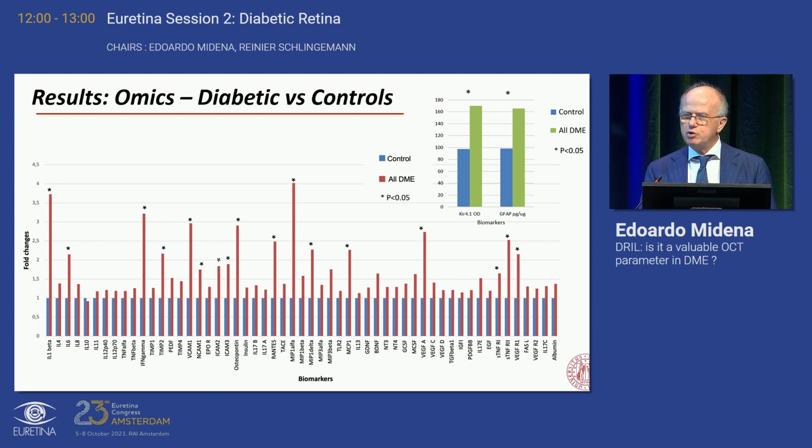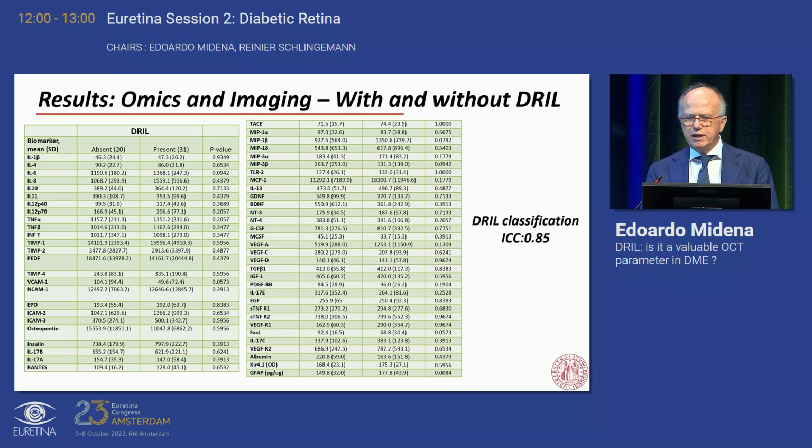This is the distribution. And you see that DME eyes are completely different from controls, as 130 parameters of the aqueous humor are considered through the current laboratory technique. In particular, I can tell you that all these parameters have been analyzed.